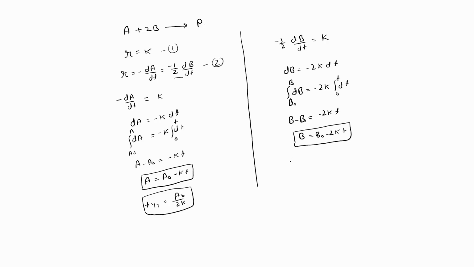And for t half of B we will do the same: here this is B naught by 2, so B naught by 2 is equal to B naught minus 2k t half, so B naught by 2 is equal to 2k t half. So t half of B is B naught by 4k.